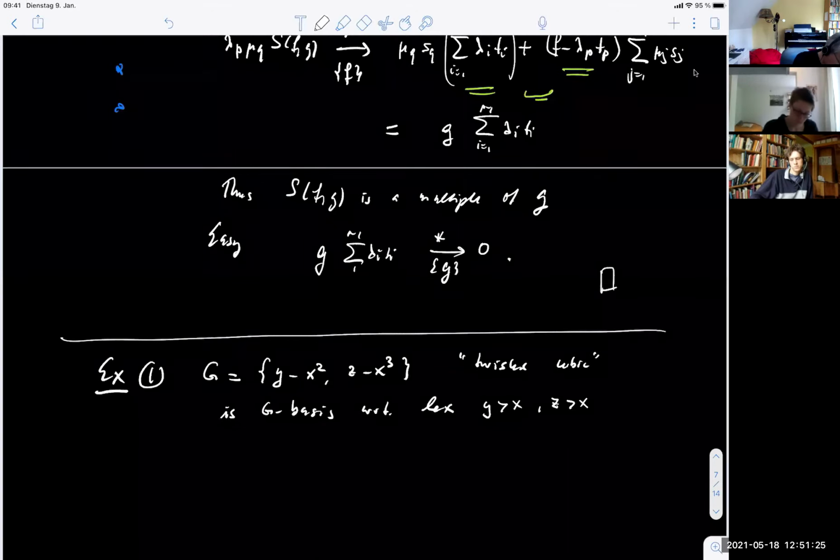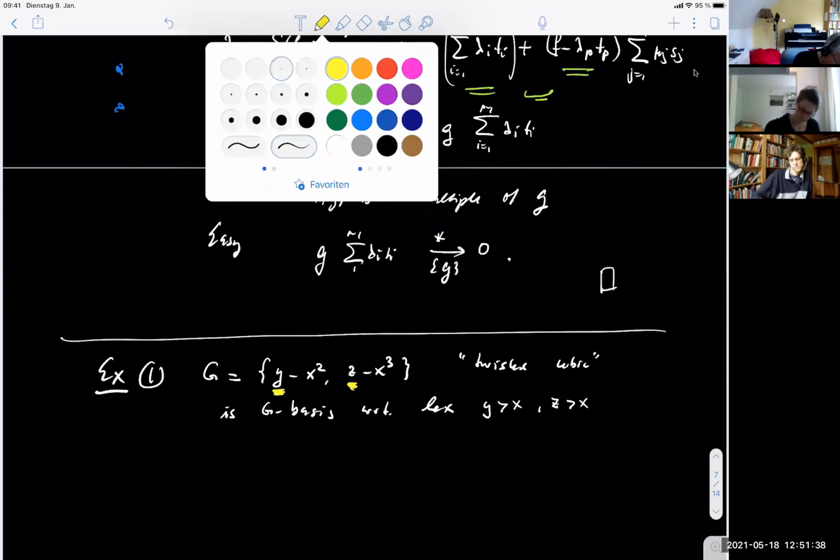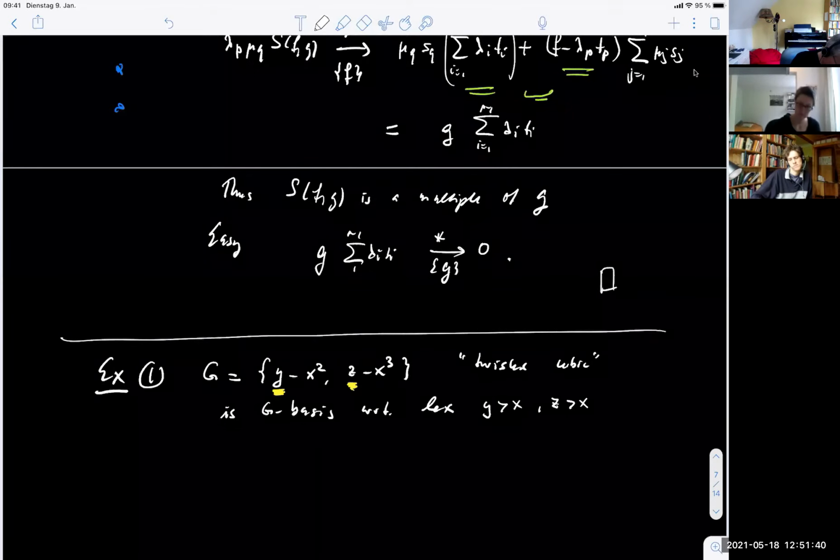Under this assumption, let me mark the leading terms. In the first polynomial, it will be y, and in the second, it will be z. So these are the leading terms, and they are coprime.